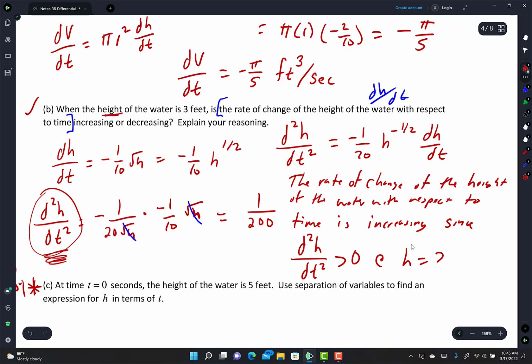At h equals 3. Perfect. Feet. That's full credit. The rate of change of the height of the water with respect to time is increasing since the second derivative is positive when h is 3 feet.